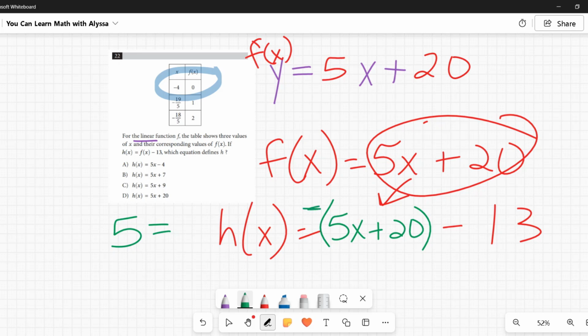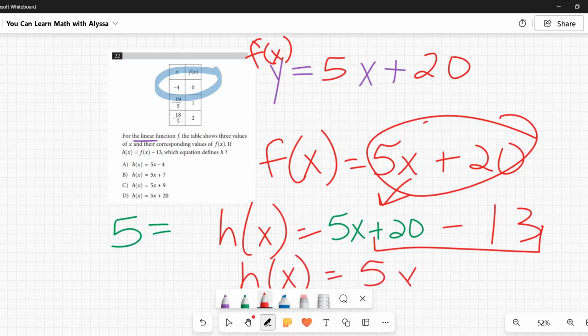There's not a number in front that needs to be distributed. So I can just get rid of these parentheses. So 5x plus 20 minus 13, I can combine these like terms, and I get that h of x is equal to 5x, 20 minus 13 is 7. H of x equals 5x plus 7.